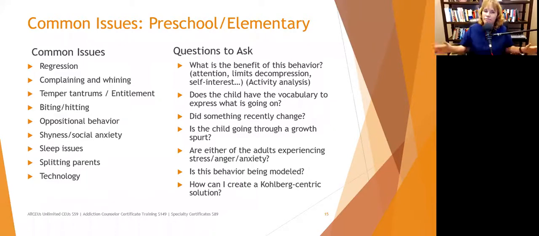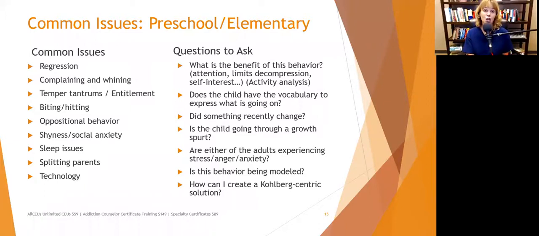They're trying to individuate a little bit at this point, so they may not know how to set healthy boundaries and communicate what they need to, and they may be saying no in order to try to get a reaction. They may have shyness and social anxiety, sleep issues. They may start splitting parents. So they'll go to mom and ask if they can go over to Johnny's on Saturday.